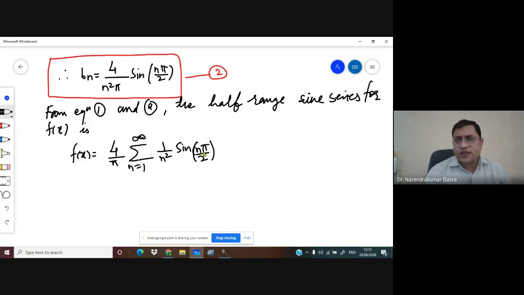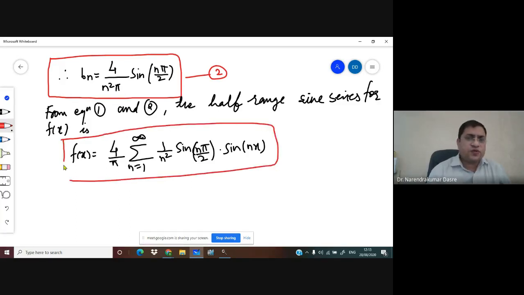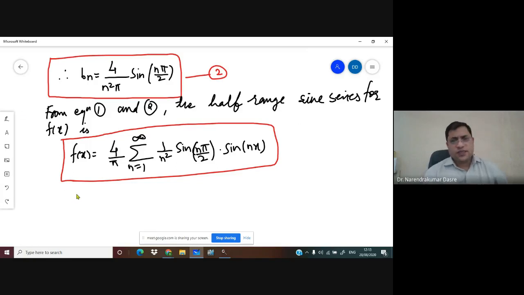This is a part of the constant, and here we have sine of nx. So this way we are able to find the half range sine series for this function f of x.